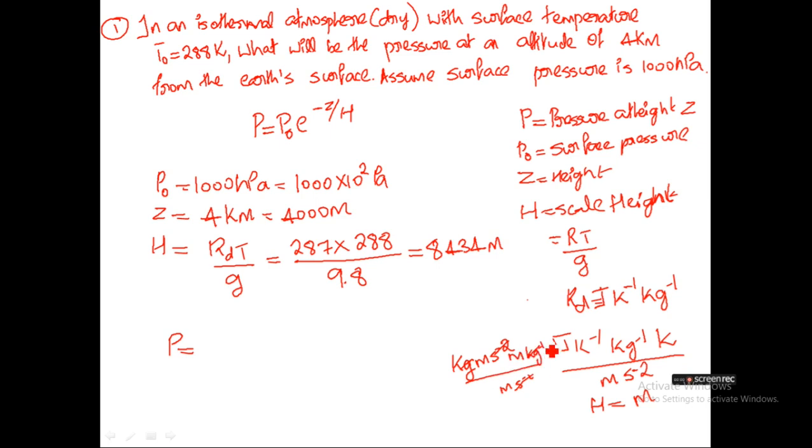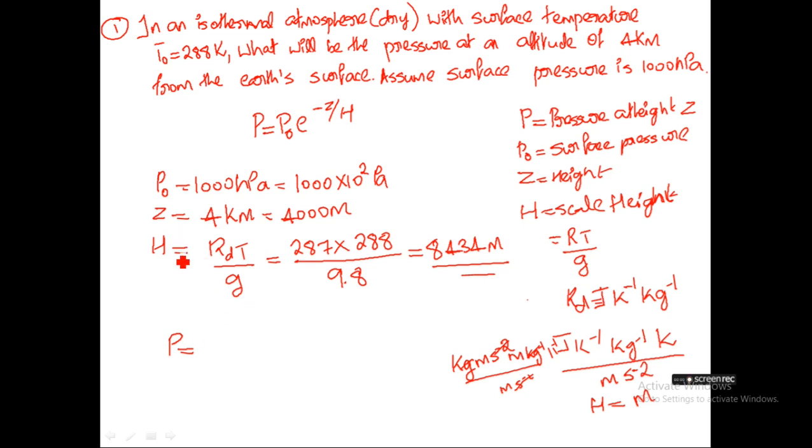So joule will be kilogram meter squared second raised to minus 2. So g will be gone, which is in the denominator. Then kilogram will be gone, Kelvin will be gone. Eventually we will be left with meter. So it will be 8,434 meter. If you write joule in terms of SI units, you will eventually get the unit as meter. So the unit of scale height is meter, around 8,434 meter.